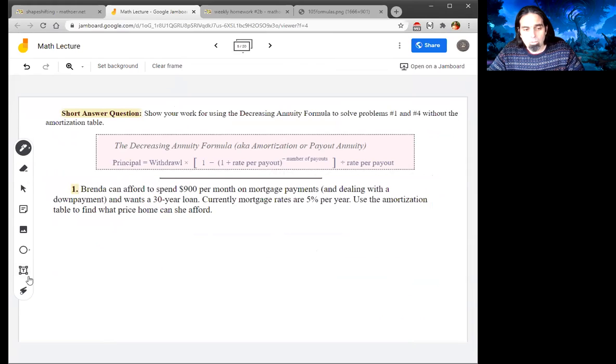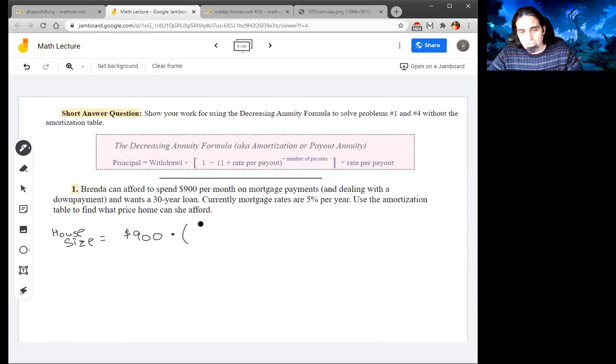So the principal, the big number, will be how big a thing she can afford. That's what we're solving for. So in this case, that's what the house size is. The withdraw, she's going to do 900 per month.